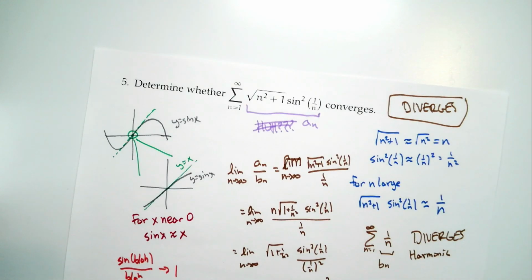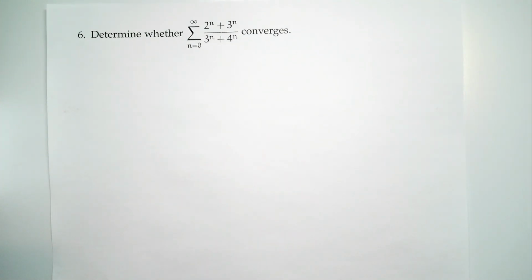All right. Number 6. Now, determine whether the sum from 0 to infinity of 2 to the n plus 3 to the n over 3 to the n plus 4 to the n converges. Now we're looking at this and we're thinking, ooh, this looks geometric. Now, is it geometric?